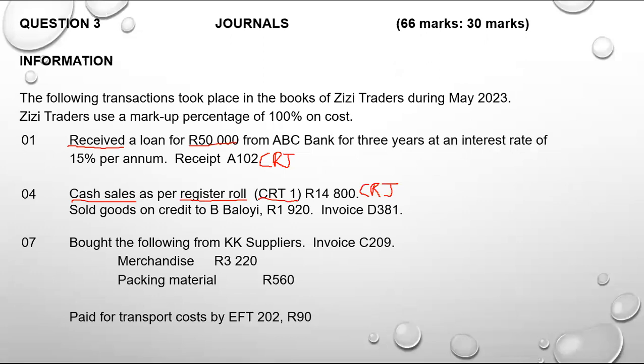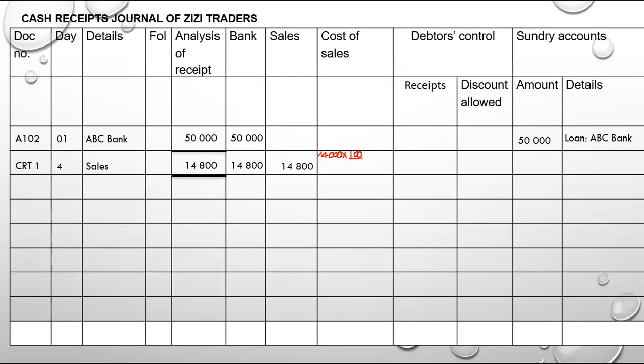The markup percentage here is 100%. So I'm going to divide by 100 plus markup. Hundred plus markup, so it'll be 100 plus the markup percentage, which is also 100. So if the markup percentage was 50, it was going to be 100 plus 50.